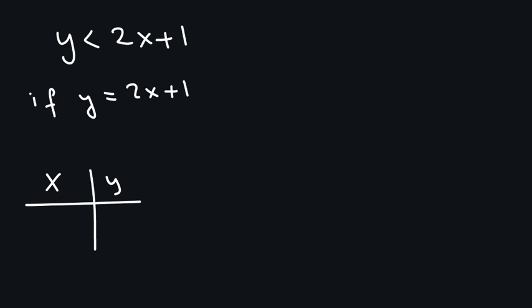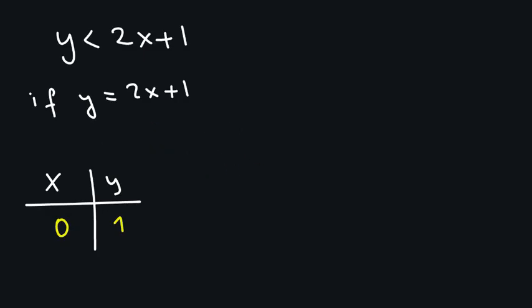And let's give some random numbers to x. Let's say x is 0. So I will substitute 0 for x in the slope-intercept form. It becomes y equals 2 times 0 plus 1. So y equals 1. So when x is 0, y equals 1. That's my first point.